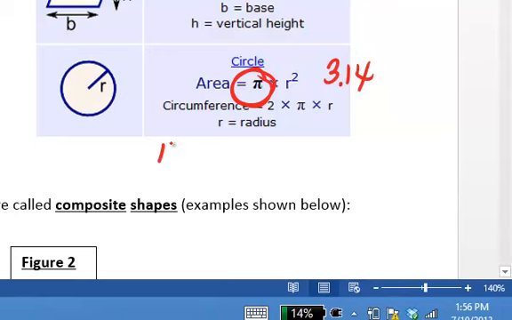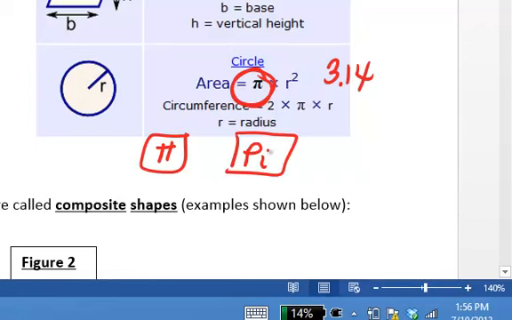You probably have a button on your calculator that has a pi symbol on there. It's a Greek letter of the alphabet. On the calculator online, you might actually see the Greek word pi for pi, and that's the button that you would click on the calculator tab website.